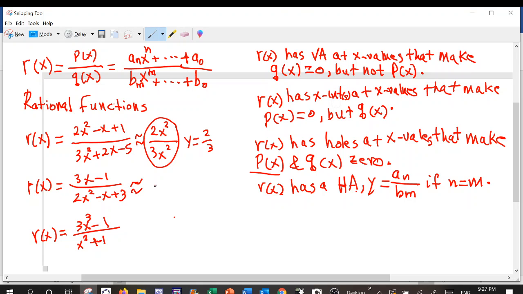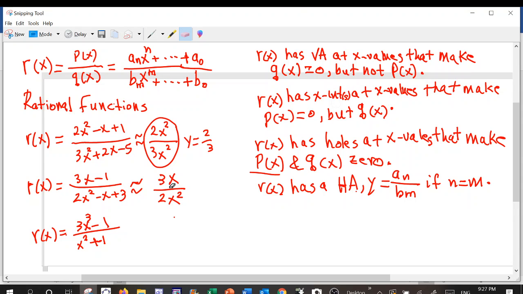Well, this one is approximately 3x over 2x squared. Now in this case, when x goes to infinity, this is infinity, but this is infinity squared. So this is much bigger than that as x gets larger and larger.